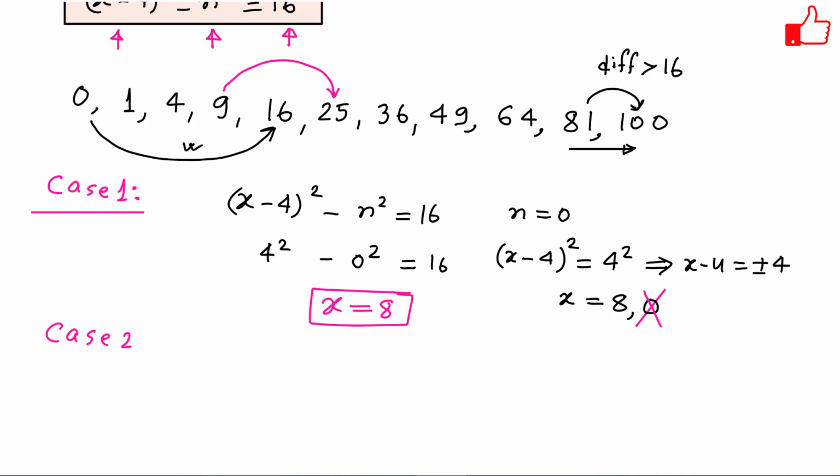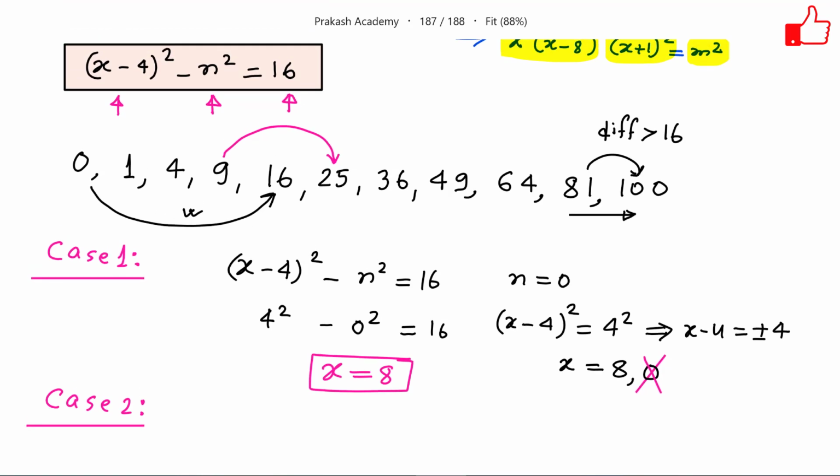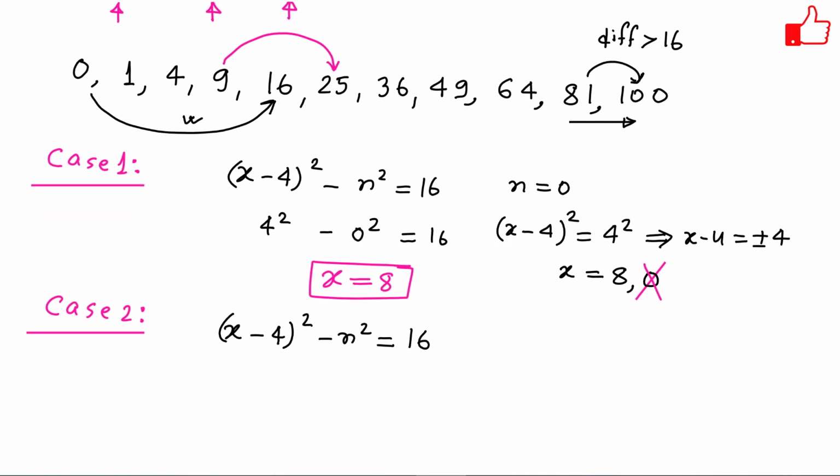Now let us consider case 2. Now in this case we will have 9 and 25. This means I can say (x minus 4) whole square minus n square is equal to 16. This means this is equal to 5 square and this is equal to 3 square. This means this is 16.